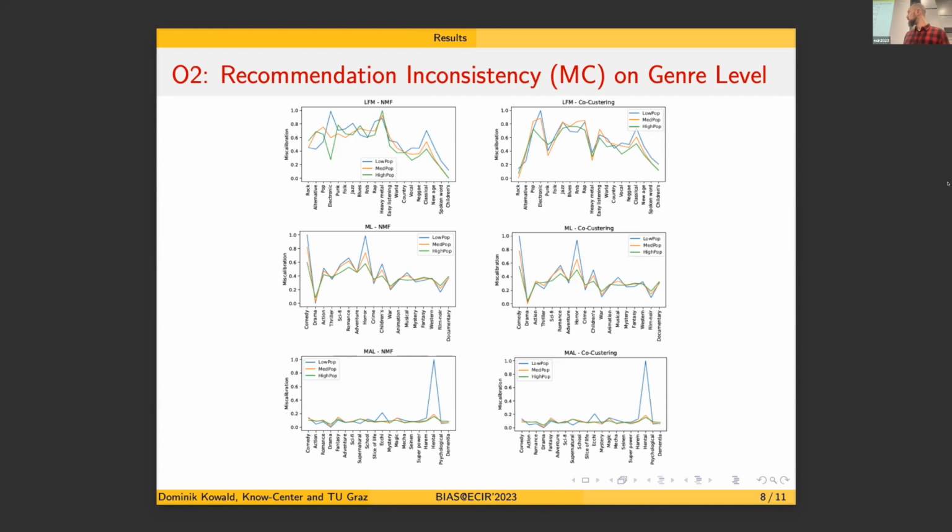So for the hentai genre in anime that you may know. So here we have a very high spike for the low popularity group and only for this group. So it's hard for the recommendation algorithms to calibrate correctly for this genre for these users.